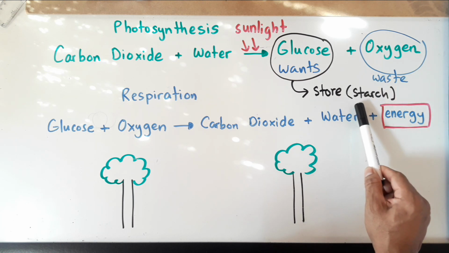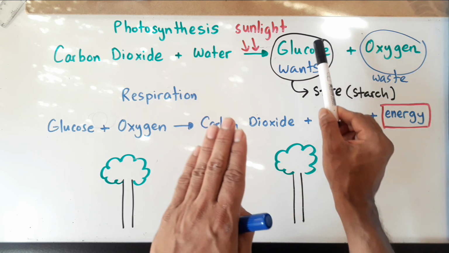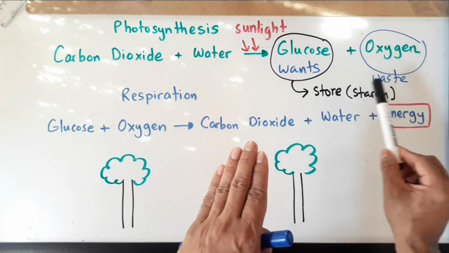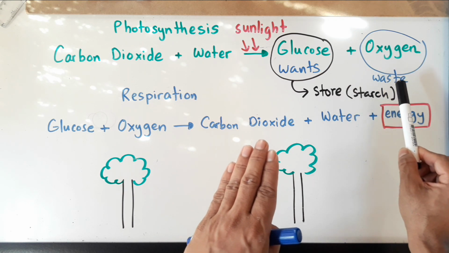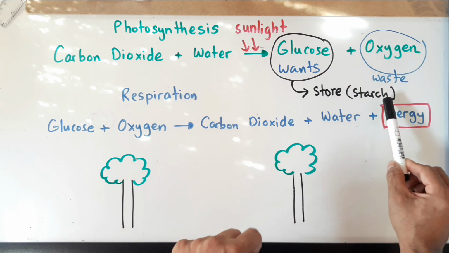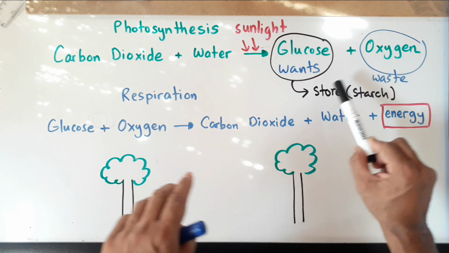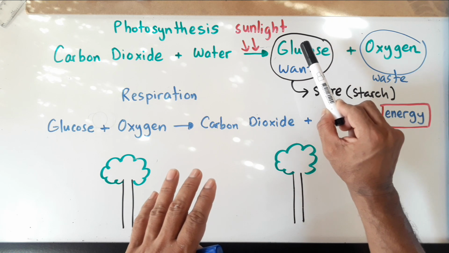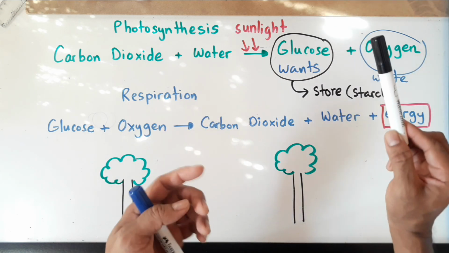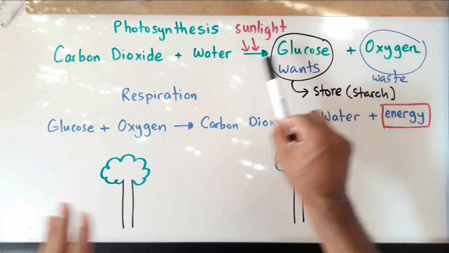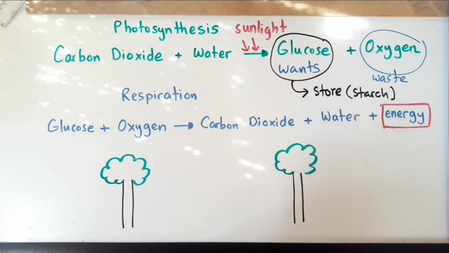The answer is starch. And this is how it works. When the plant stores the starch, right? If it needs food again, it will go to the starch and convert it back to glucose. And once it's back to glucose, the plant will use it. All right? So I covered quite a lot of questions they can bring on photosynthesis.